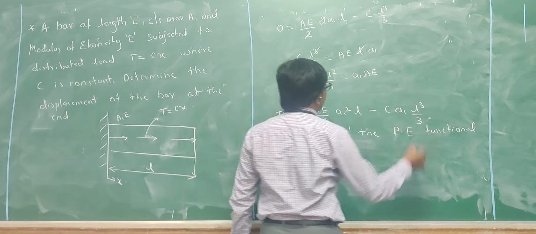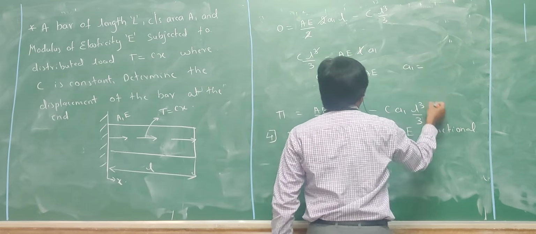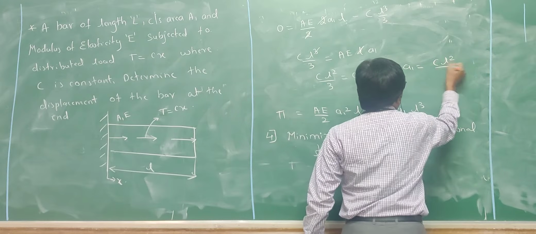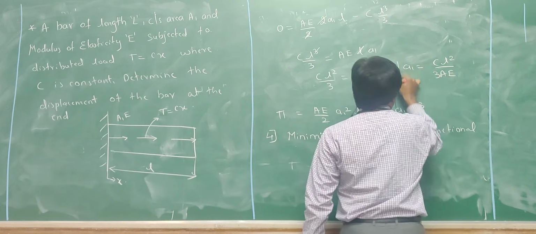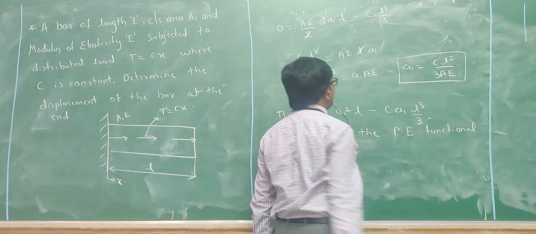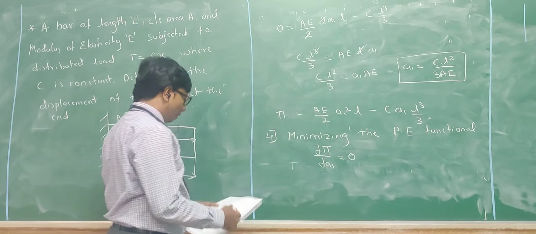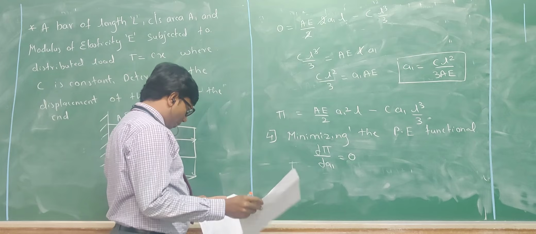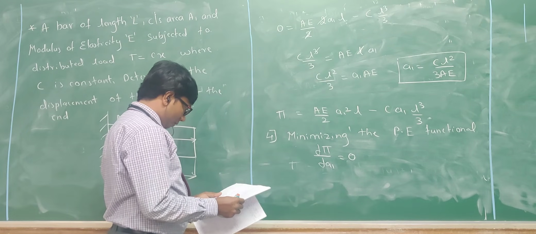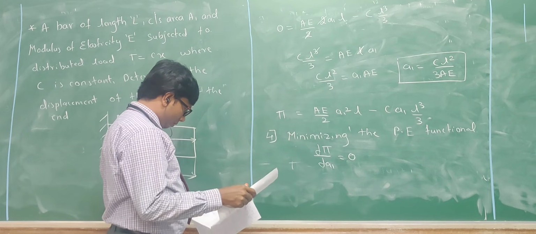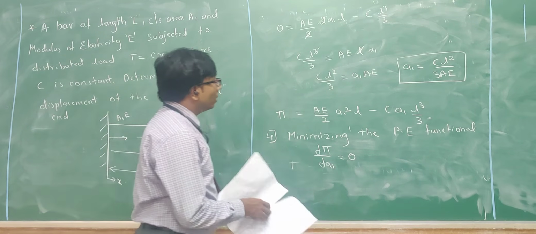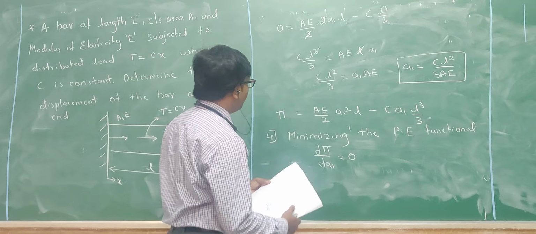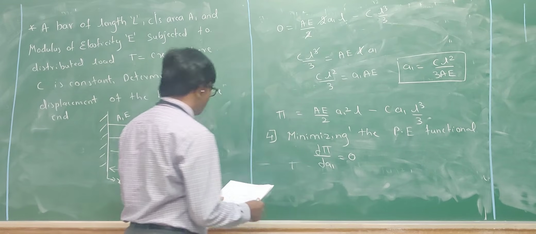So a1 will be equal to c L square divided by 3AE. I'll just check whether it is correct. Yeah, this is right.